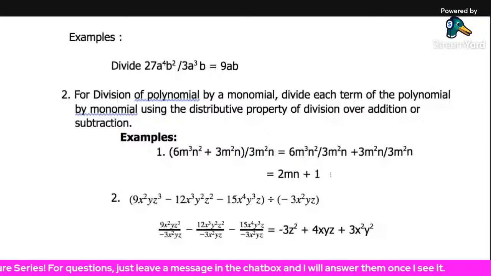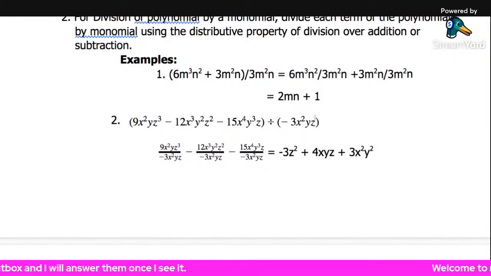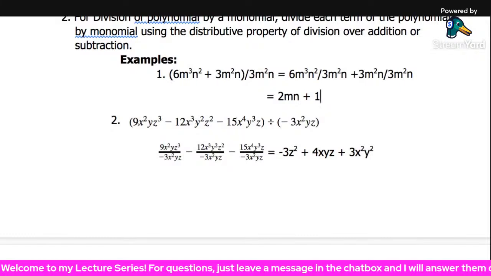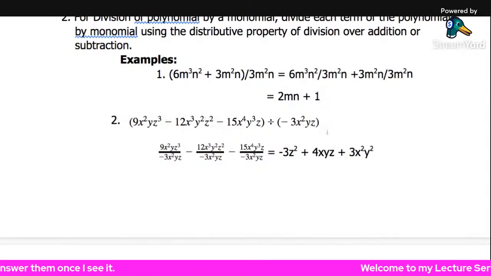The same is true here in example number 2. We have 3 terms divided by a monomial. So you can divide all these terms by this monomial, taking into consideration the signs. Here, positive divided by negative should become negative. The second term is negative divided by negative, so this will become positive.